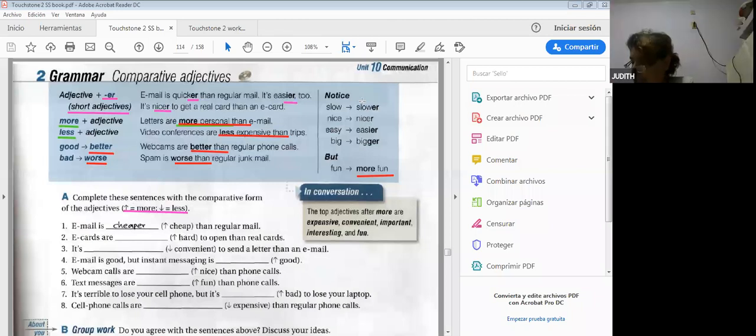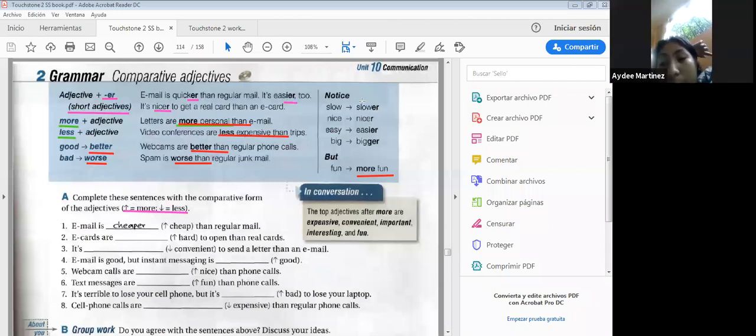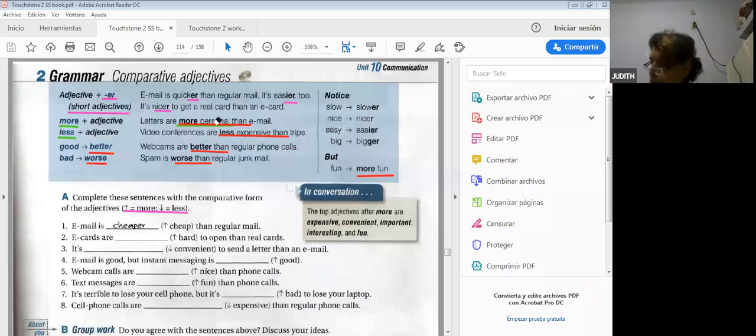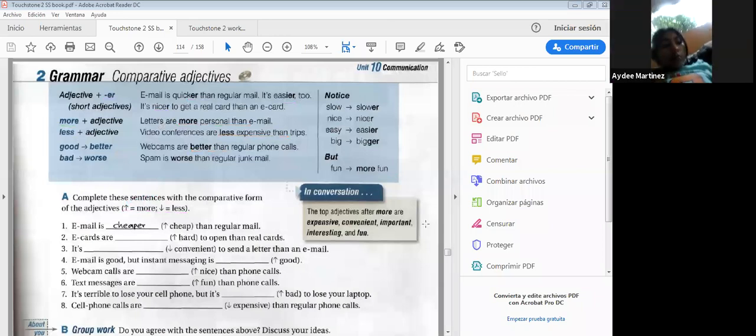Again, pay attention to the instructions. What happened with the less arrow? Arrow up is more. Less. Less expensive than regular phone calls. Yes, less. Correct. Remember that we have the arrow. Okay, questions, guys? No.